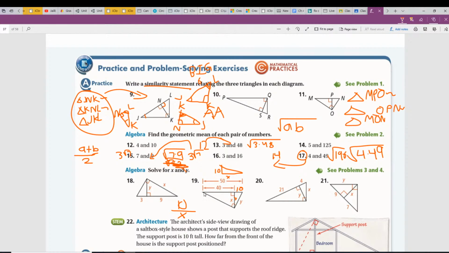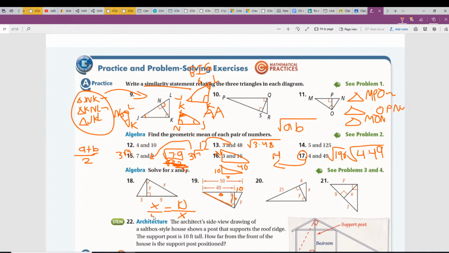Now this bigger triangle right here, I'm gonna also flip it around so it's the same orientation. This one would be x, kind of flipped over, but if you can visualize it, this one would be 40. So 10 divided by x would be equal to x divided by 40.